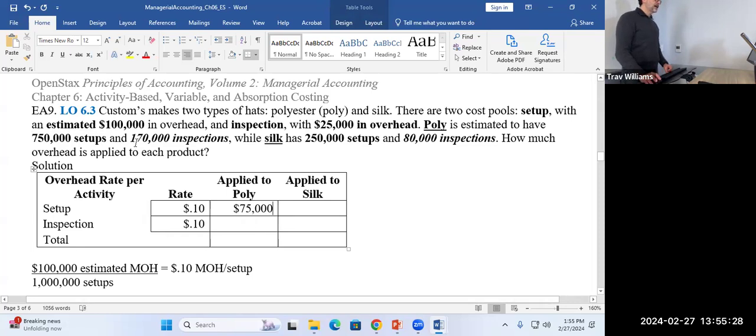And then Polly had 170,000 inspections. That's also at a rate of 10 cents. So that comes out to what? 17,000. And then we can add those together and get a total overhead of $92,000 for the Polly product.